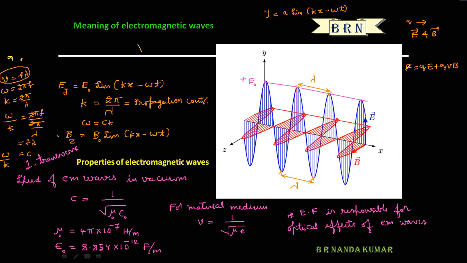Suppose the electric force equals the magnetic force, so the net force acting on the charged particle is zero. That is QE equal to QVB. The Q's cancel, so V is equal to E by B. This is the relation connecting the speed of the wave with the electric field and the magnetic field.